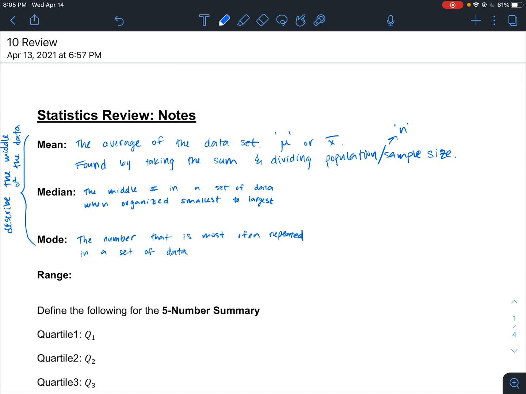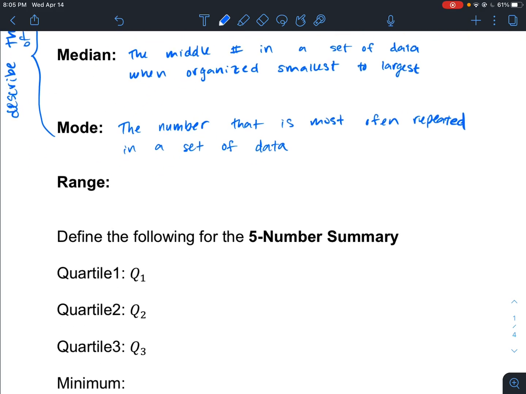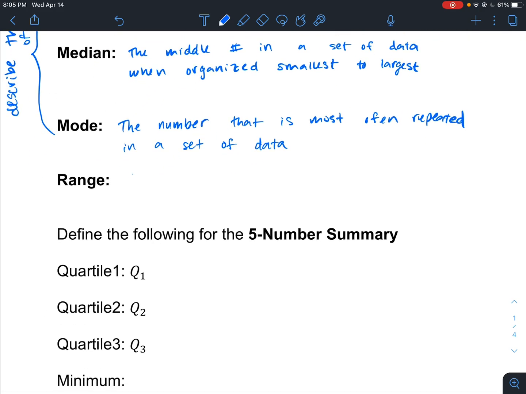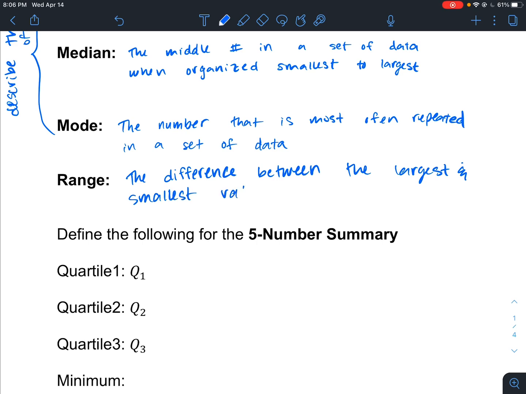Now the range is the difference between the largest and smallest values.